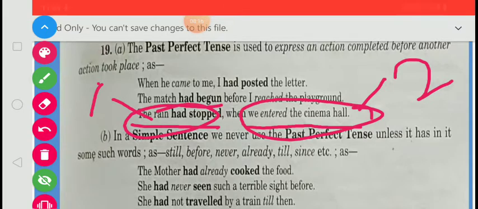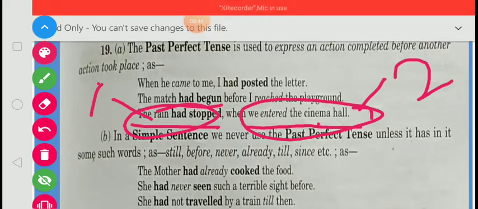Okay students, remember, the action which takes place first, we write in past perfect form, and the action which takes place after the first one, we write in simple past tense.